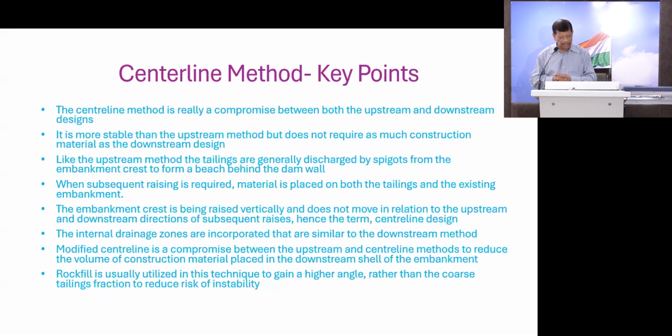And again, the central line method, if you compare it to the downstream, requires a high volume of material, while in the central line, the volume is reduced. And again, you can use both sand tailings, or you can bring in the higher drained material for the construction of the central line.